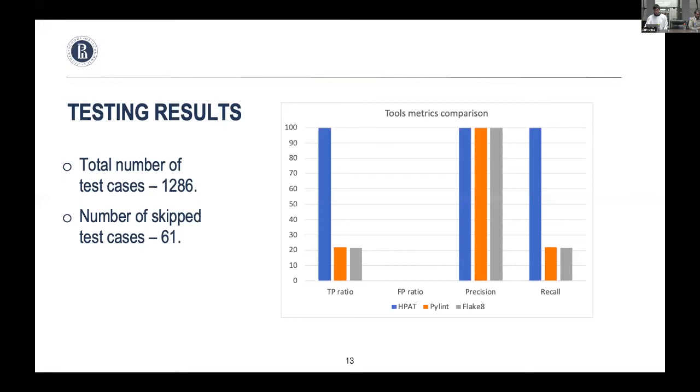The other part is that SPAT provides a deeper analysis of source code than PyLint and Flake8, so it can detect the more difficult cases. Well, this is the interesting point.